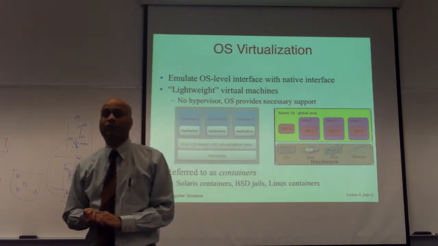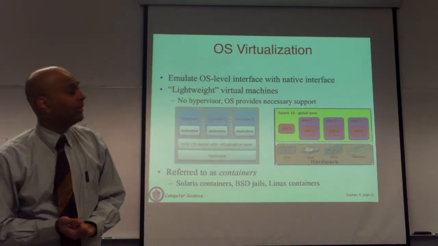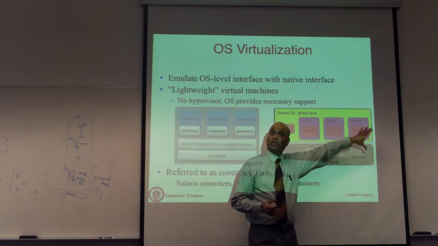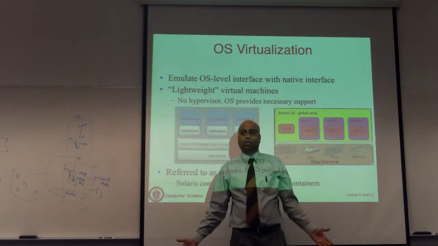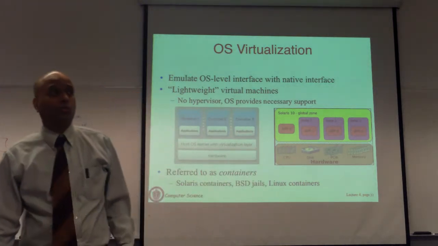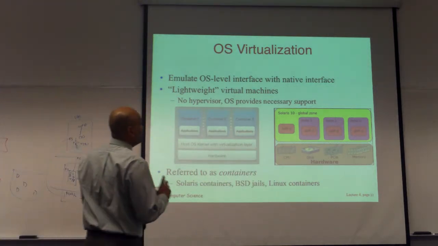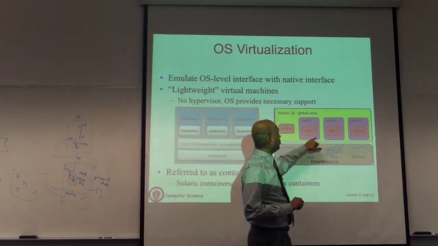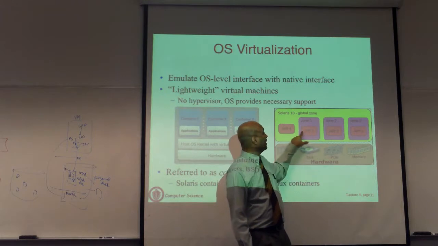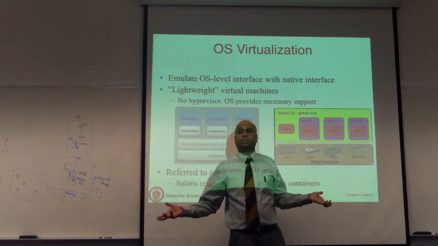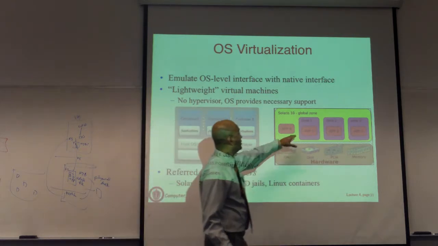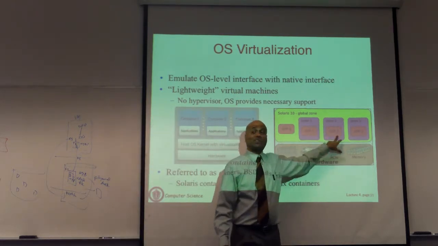Here's a picture of OS level virtualization in the Solaris operating system. In Solaris, you have the notion of a zone. By default, everything runs in a global zone. In a global zone, you have access to all the files on the machine, all the CPUs and so on. But you can construct more restricted zones. Here is zone 1, zone 2, zone 3, and you run an application inside that zone. When you run an application inside the zone, anything outside the zone is not visible to it. That means this process cannot see these other processes.